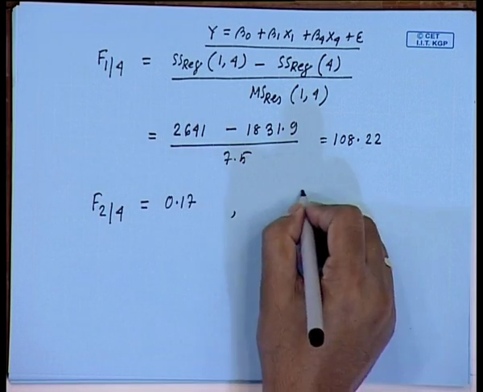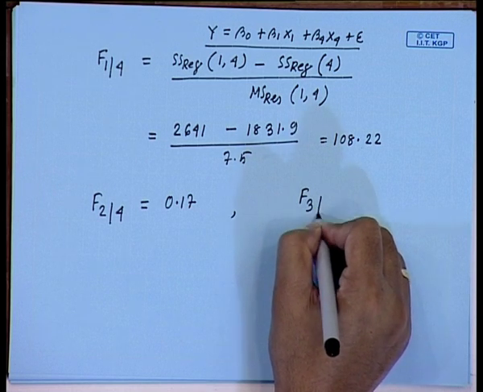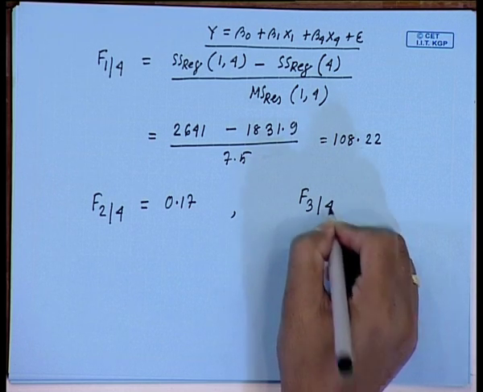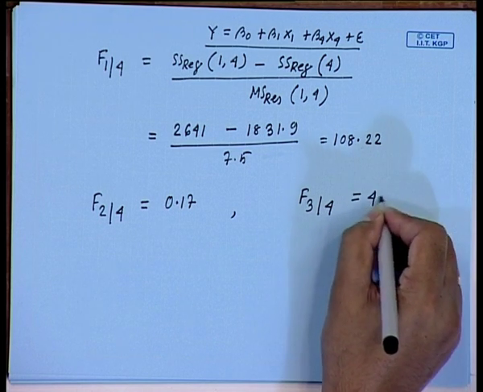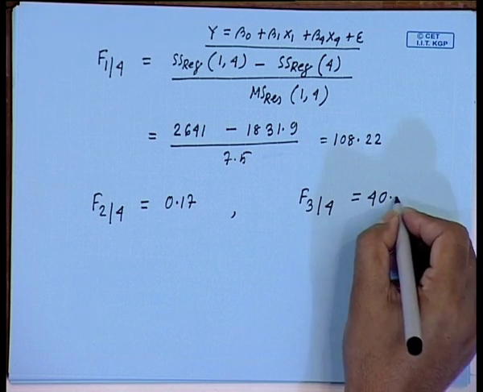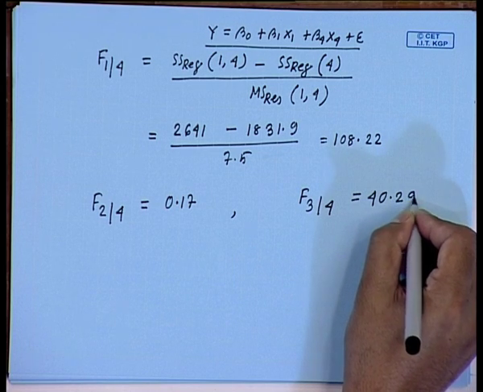F2 in the presence of x4 in the model is equal to 0.17, and F3 in the presence of x4 in the model is equal to 40.29.